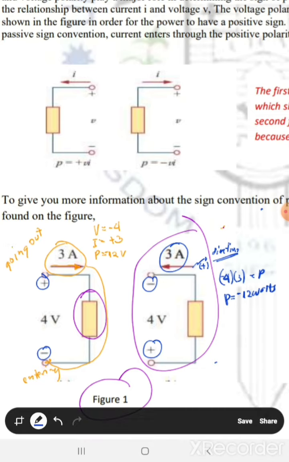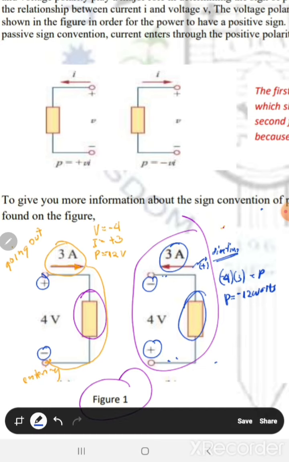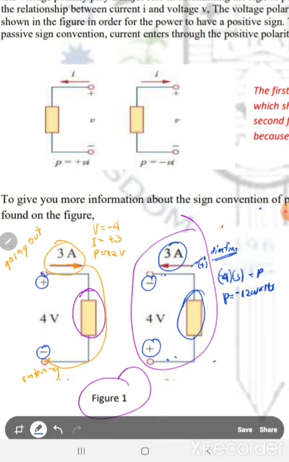So, take note that these are the terminals of your resistor or of your load. These are the terminals of your loads. So, do not be confused if the direction of your current changes. Take note, the direction of your current can be your assumption later on if you are solving any problems.